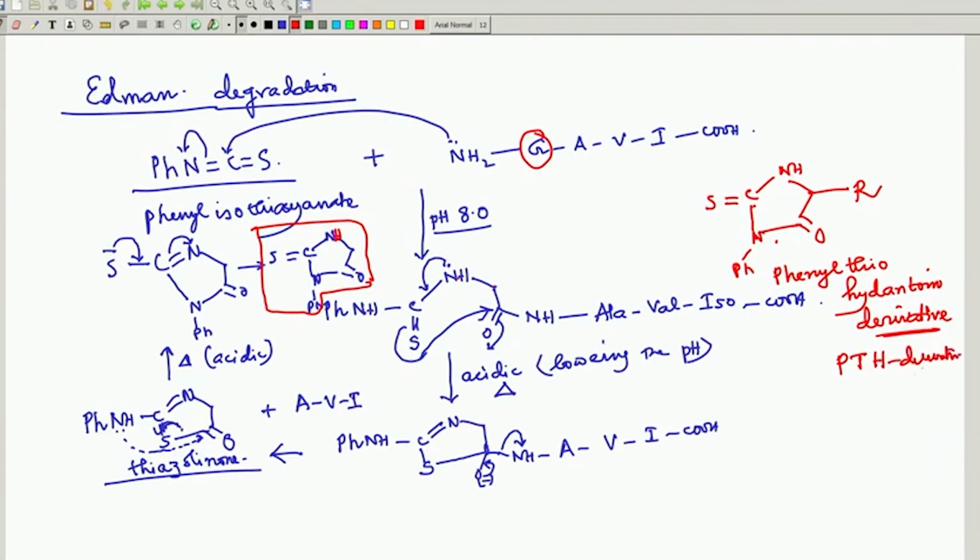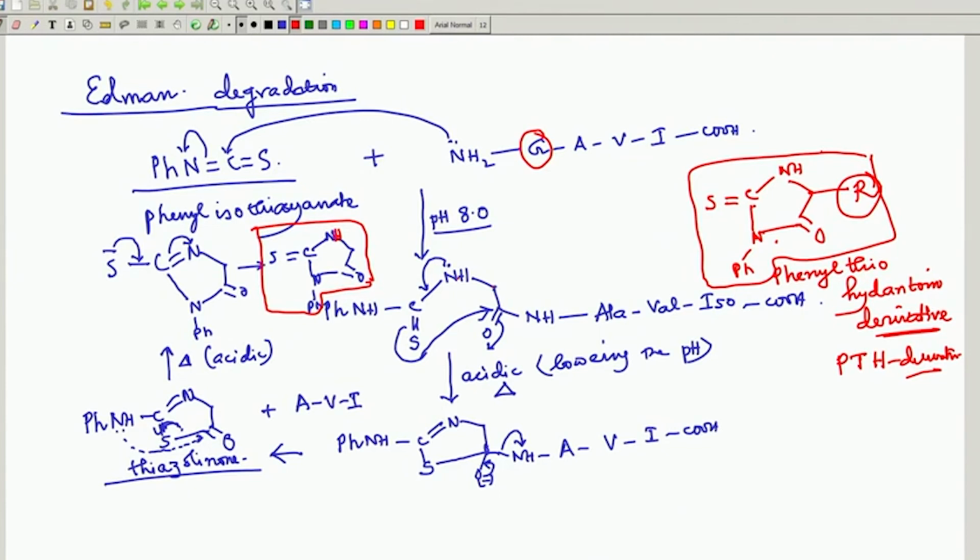This PTH derivative will have different retention time in the column depending on the nature of R. Okay. The beauty of this is that the first amino acid you can locate by doing the HPLC.